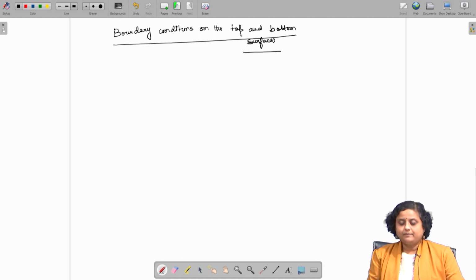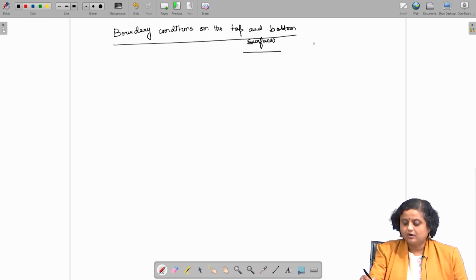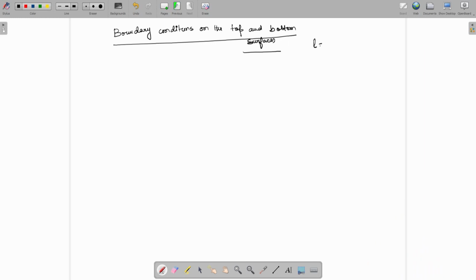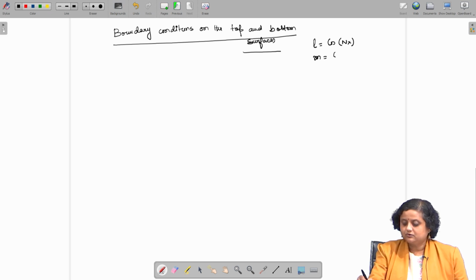On the top and bottom surfaces of the shaft, L which is cos nx, M which is cos ny, and N which is cos nz.